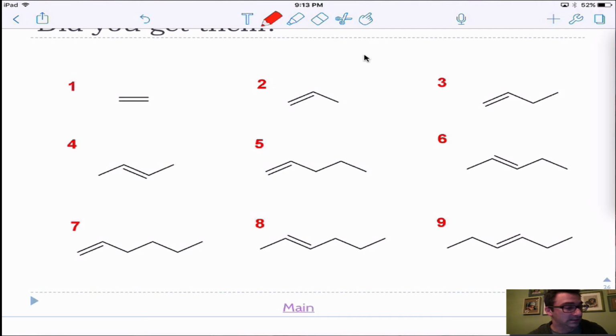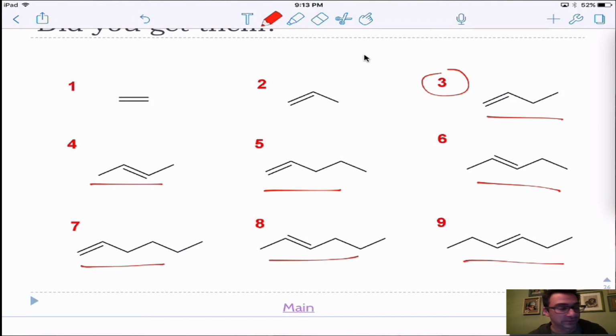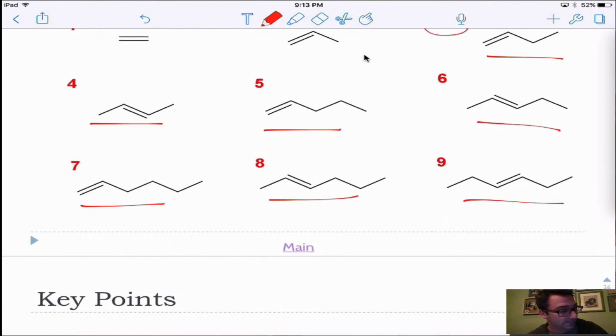This would be number 3 here: but-1-ene, but-2-ene, pent-1-ene, pent-2-ene, hex-1-ene, hex-2-ene, hex-3-ene. Notice I don't do a hex-4-ene. Maybe we could talk about why that's the case in class.